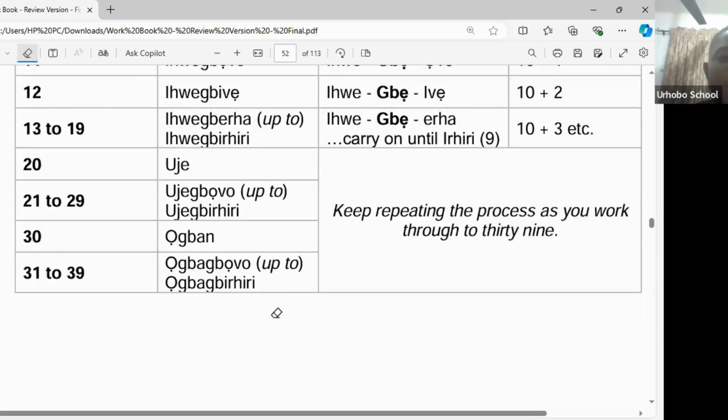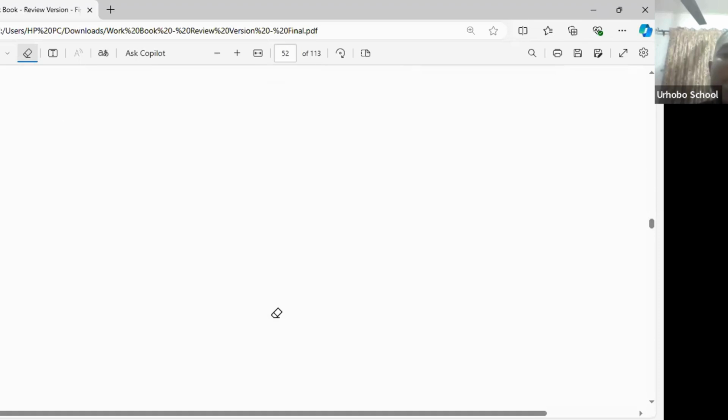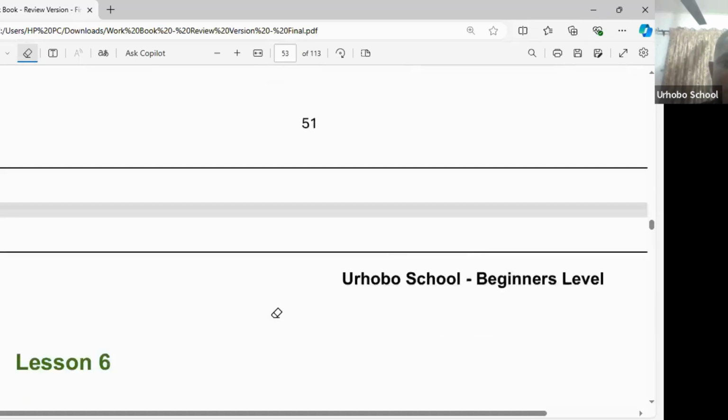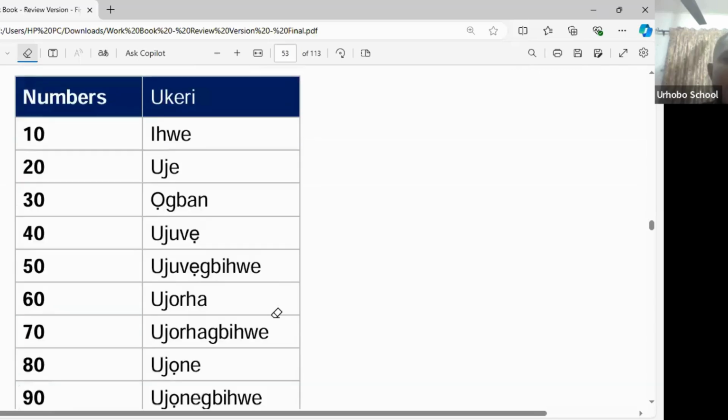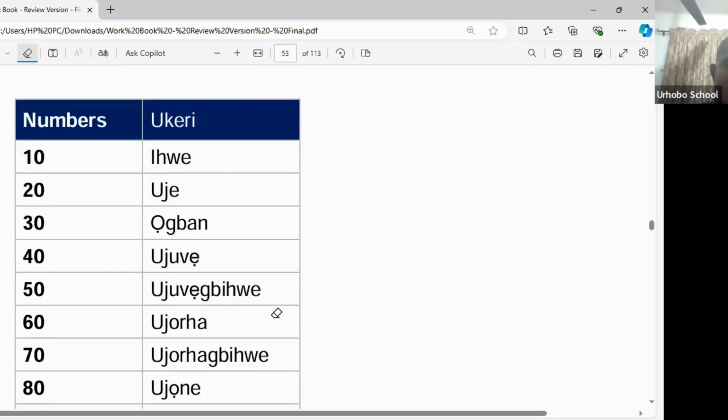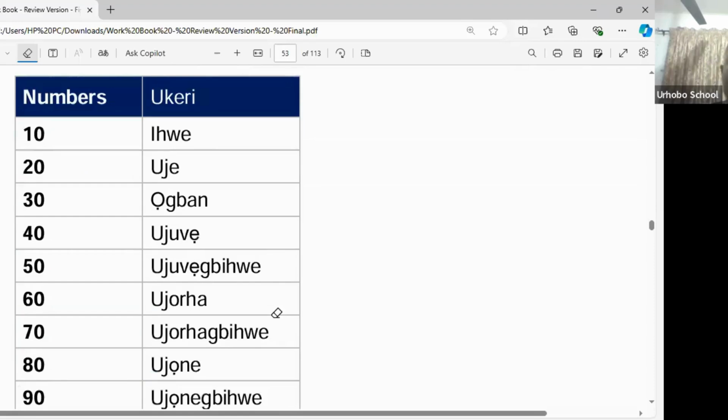Now from 40, we'll be counting in tens, so that it can help us to count in between.